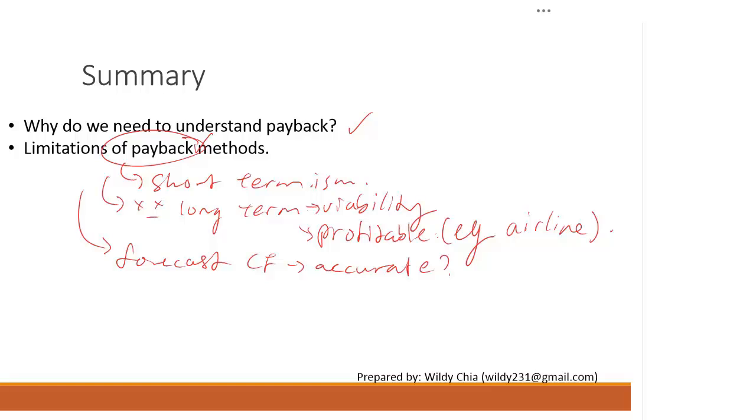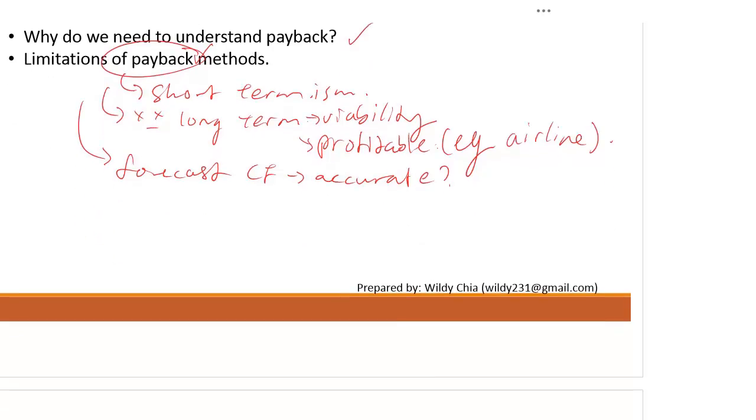Because the longer you forecast into the future, the more variables may affect the accuracy of your cash flows, right? So without an accurate forecast of cash flows, how could you have a reliable payback figure for you to make decisions, right? So with that, okay, that's generally payback.